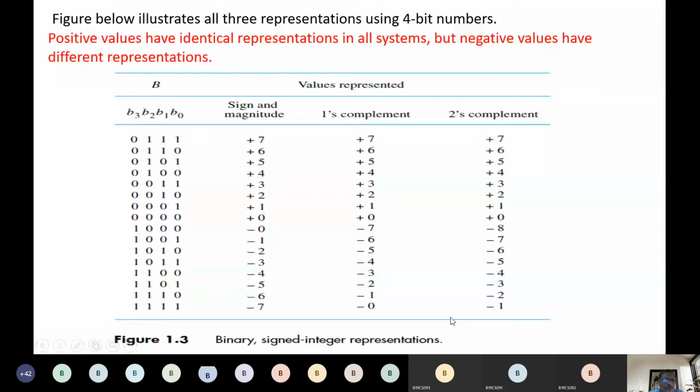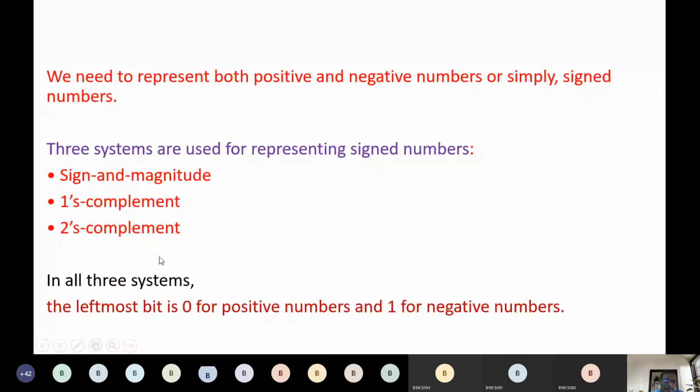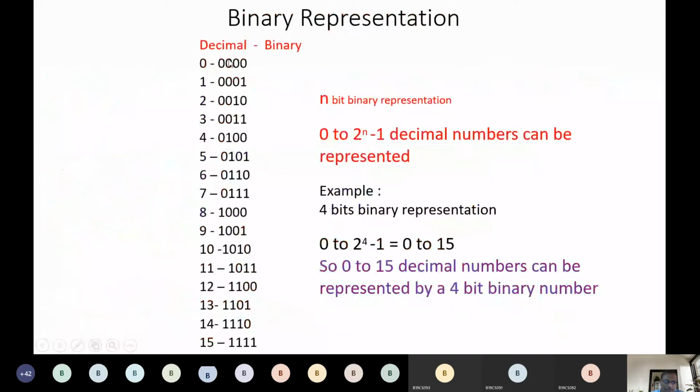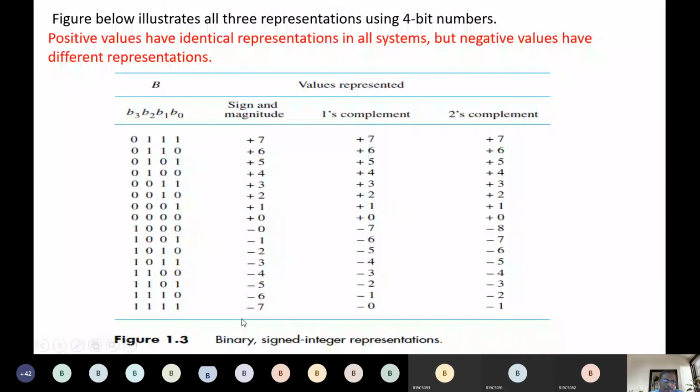Okay. Here you can see, we already saw this one, we have 4 bits. This is a binary representation. These are entirely binary representations. B0, B1, B2, B3, where each B represents a bit.